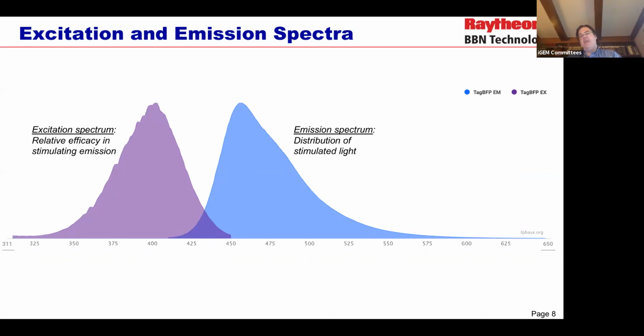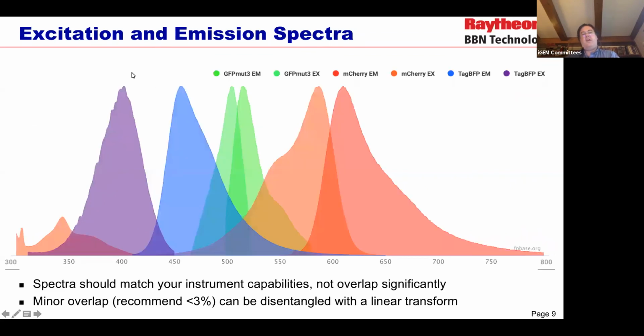Now, let's see what happens when we start thinking about multiple of these. Here is an example of 3 of the recommended proteins that we suggest overlapping one another to some degree or other. Here's tag BFP, the blue one, GFP mut3 over in the green-yellow space, and M-cherry over in the red space.